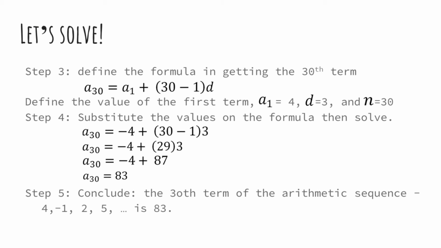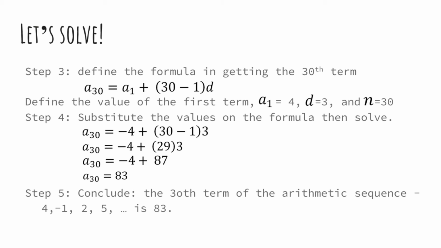If we look into the table a while ago, or the given number sequence, the first term is -4. The common difference that we obtained a while ago was 3, and the value of our n is 30 since we are looking for the 30th term.